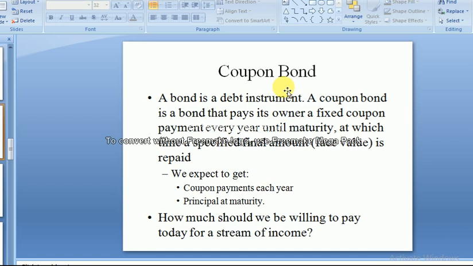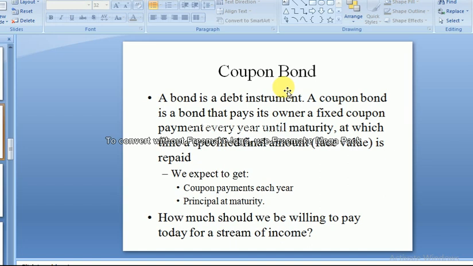With coupon bonds, there are no records of the purchaser kept by the issuer. The purchaser's name is also not printed on any kind of certificate. The bondholder receives these coupons during the period between the issuing of the bond and the maturity of the bond.